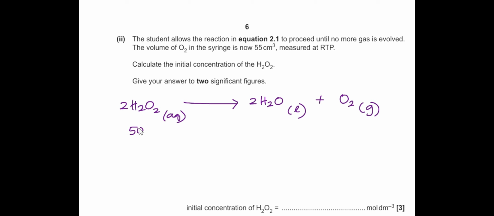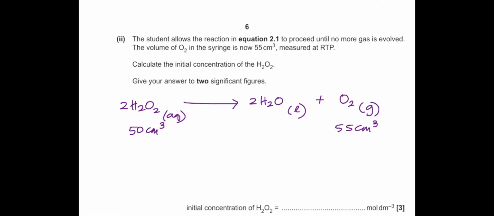Here it is 50 cubic centimeters volume, and we know that this is also 55 centimeter cubed volume. From here, our strategy would be to calculate the number of moles of oxygen formed, and from there calculate the number of moles of H2O2 using this equation, and from there calculate the number of moles of H2O2 in 1 liter, which is its concentration.